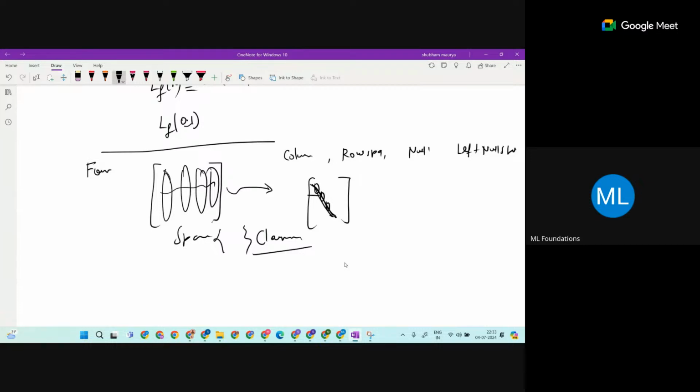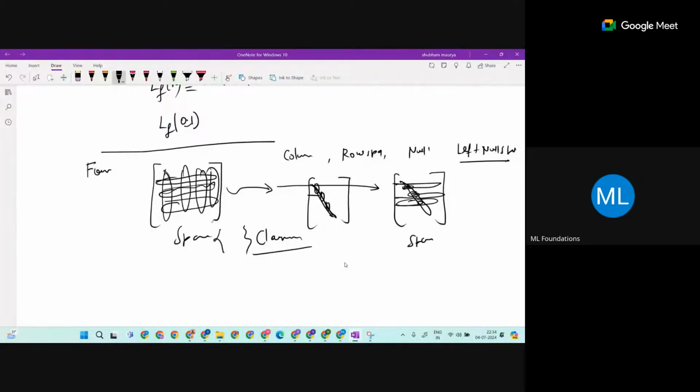That is going to be the left null space.